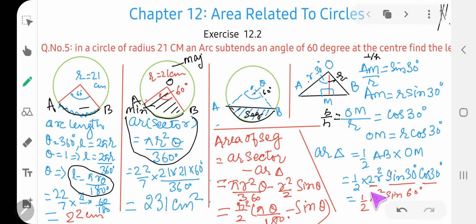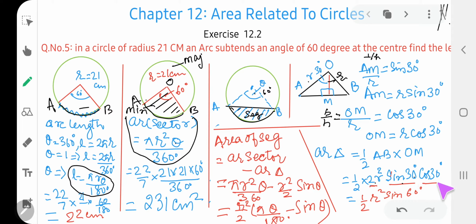So children, now I am sharing one formula that you will study in class 11th: twice sine theta cos theta is equal to sine twice theta. So 2 sine theta cos theta will be converted into sine of double the angle you are having here.